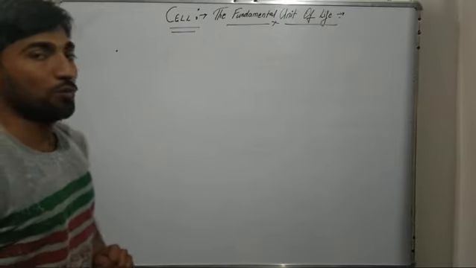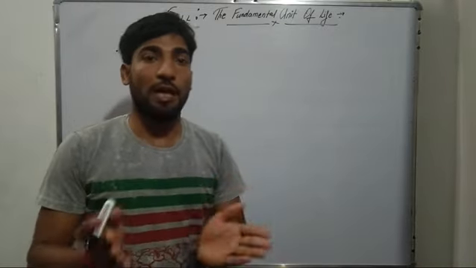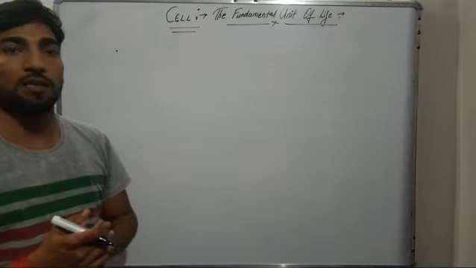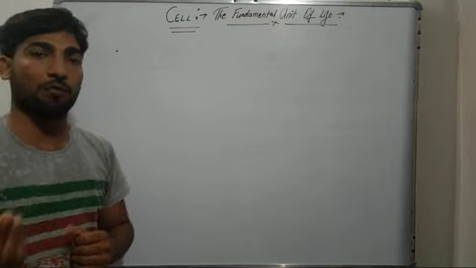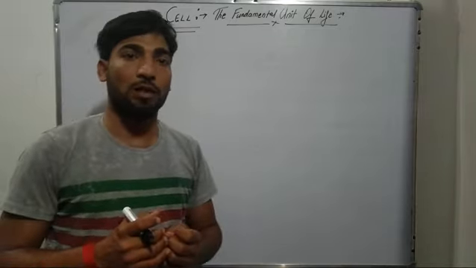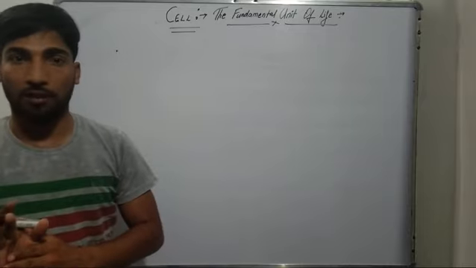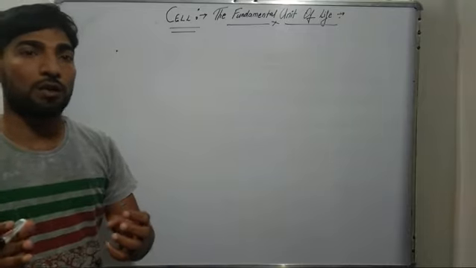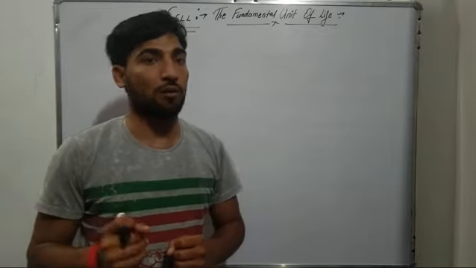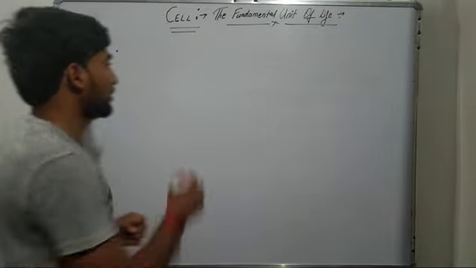As you know, all life forms start with a single cell. Even human beings start their life from a single cell in the form of a zygote, and there are certain organisms made up of only a single cell. These organisms are known as unicellular organisms or acellular organisms.